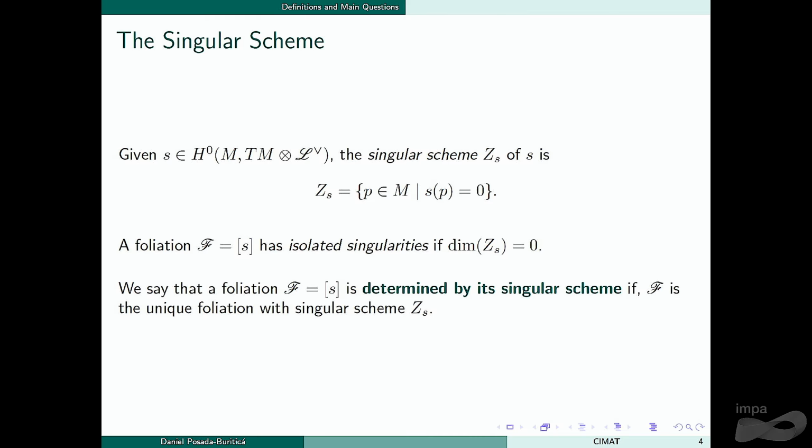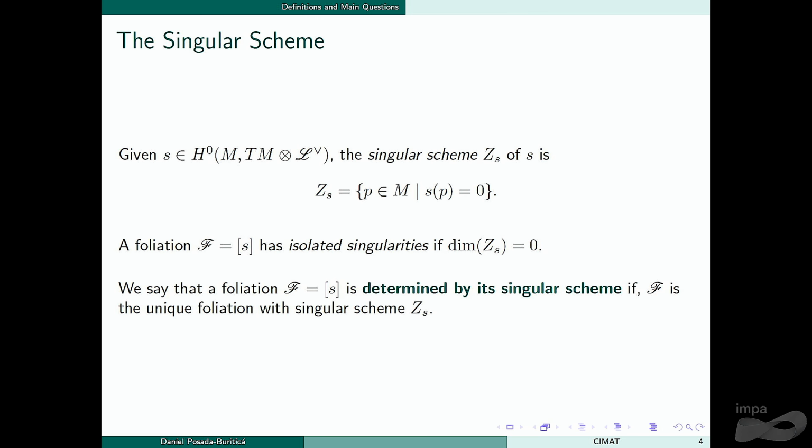And we say that the foliation has isolated singularities if the dimension of that singular scheme is 0. That is, the singular points are just points, not a curve, not a surface, just isolated points.